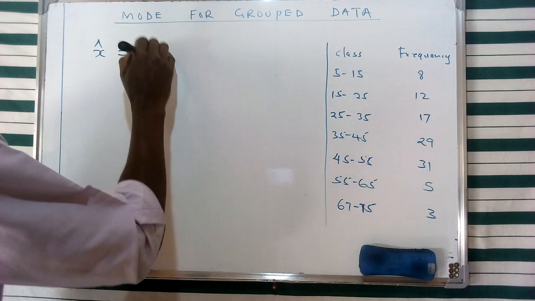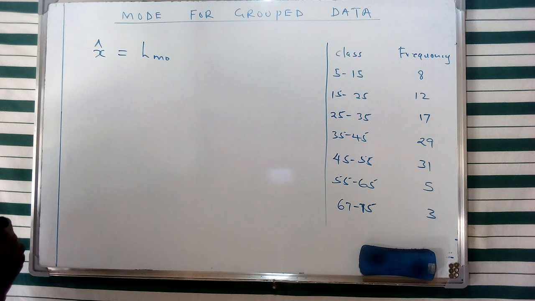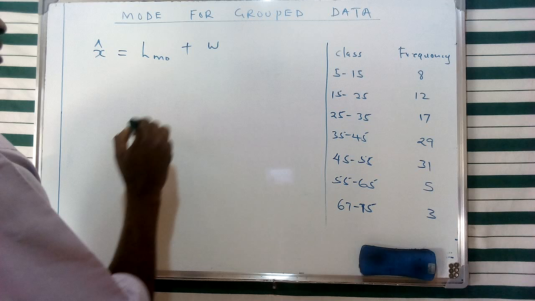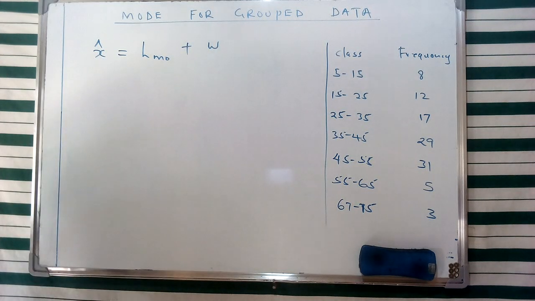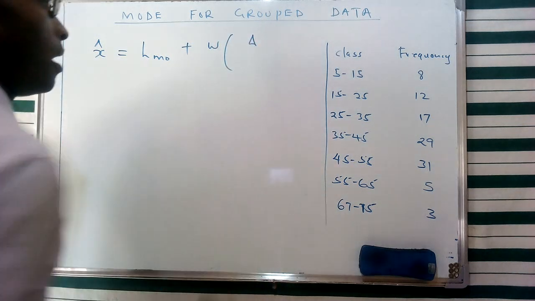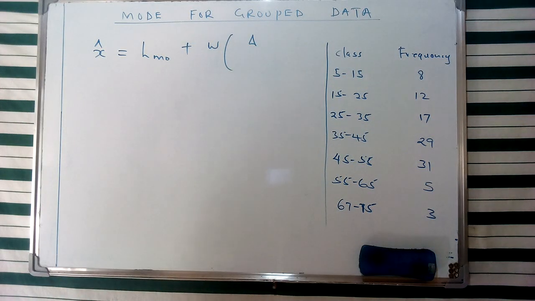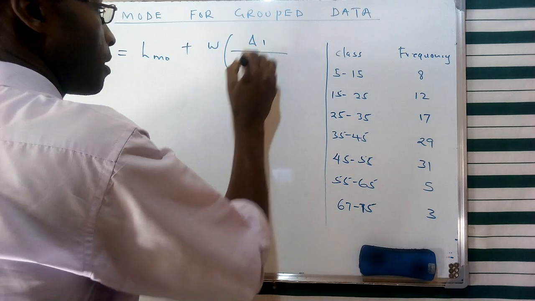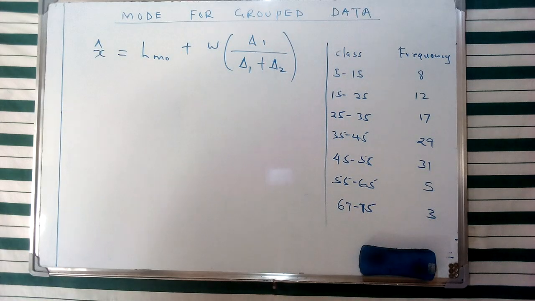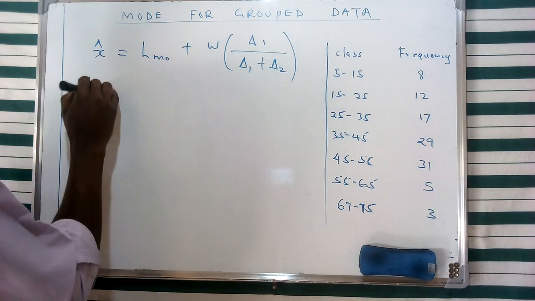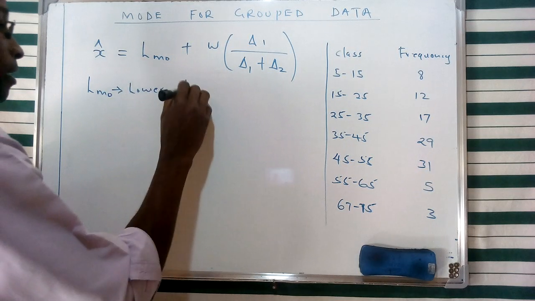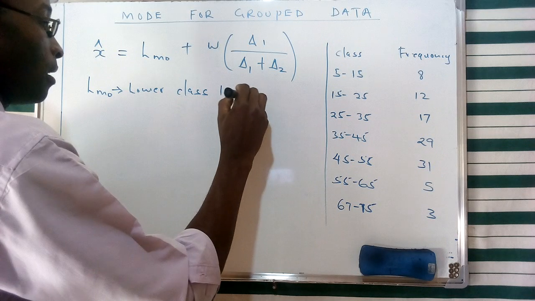For grouped data, the mode is represented as the sum of the lower class limit of the modal class plus the class width multiplied by that specific value, delta 1. I'm going to elaborate on this representation for delta 1 and delta 2 and what they imply. So I've mentioned the concept of the lower class limit of the modal class, and this is going to be given as such.